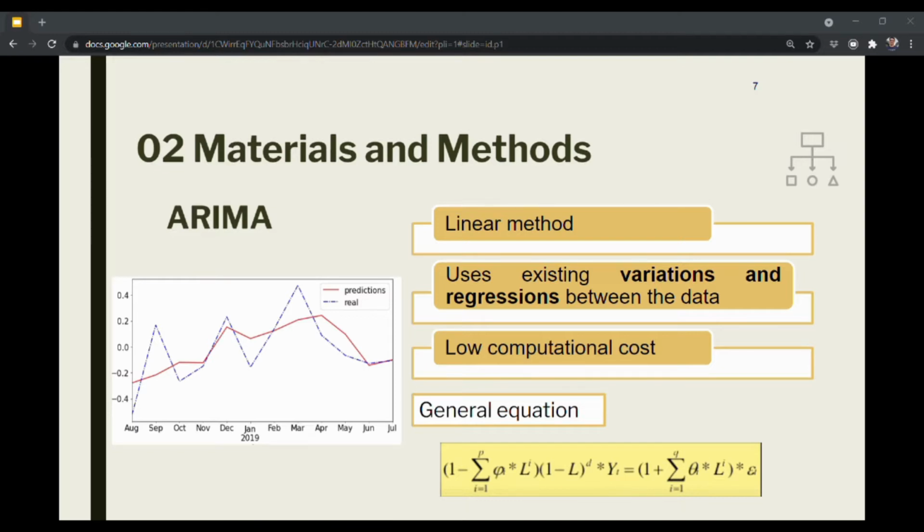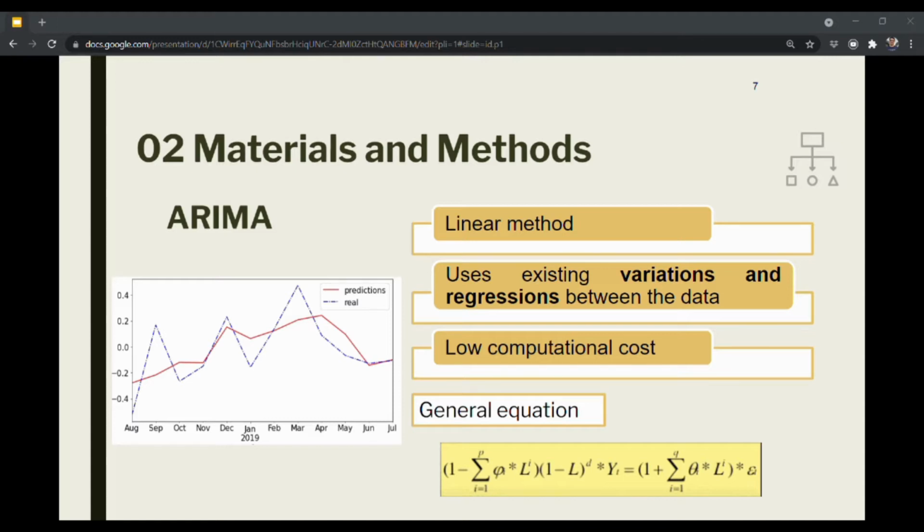This study was developed under an experimental methodology consisting of data selection and preprocessing. Next, the predictive model selection, then the model training, and finally the comparative analysis with other available models. ARIMA is one of the most typical linear methods for time series forecasting.